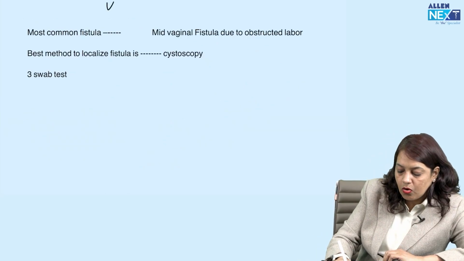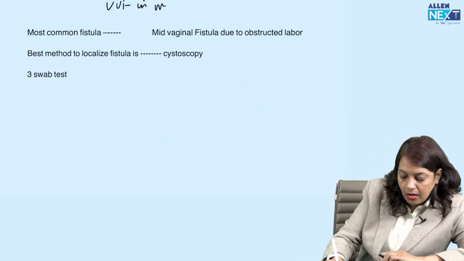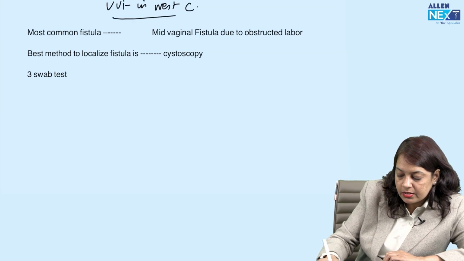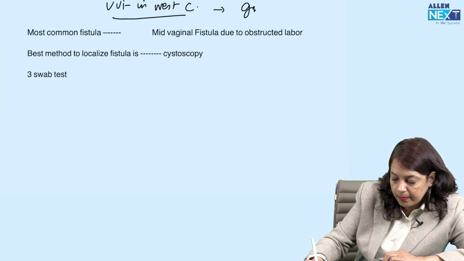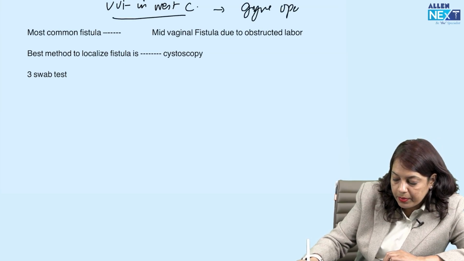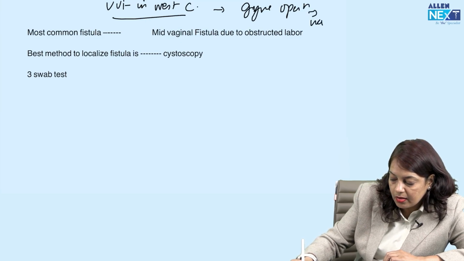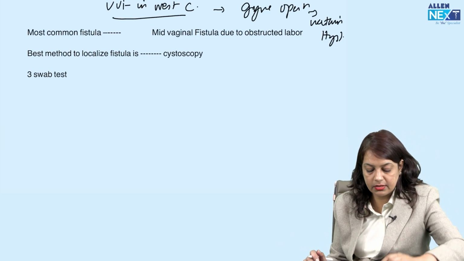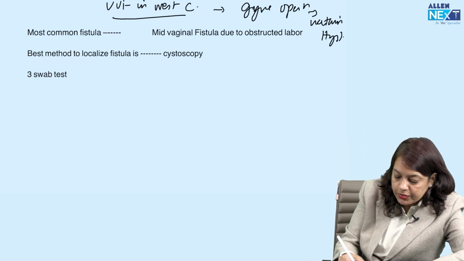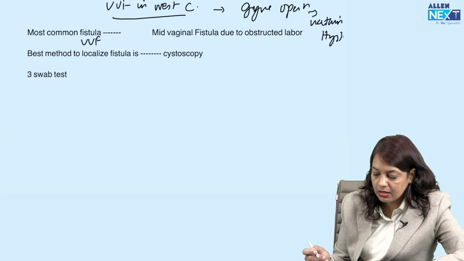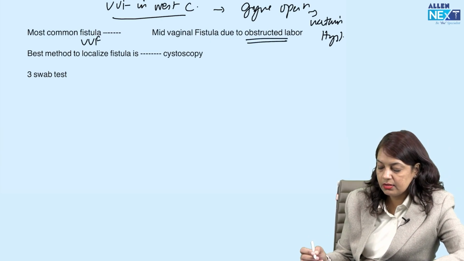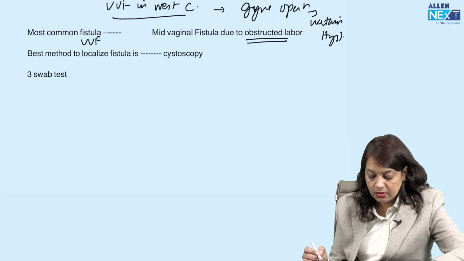And the most common cause of VVF in Western countries is gynae operations, especially Wertheim's hysterectomy for cancer. So the most common fistula is vesicovaginal, and the cause is obstructed labor.